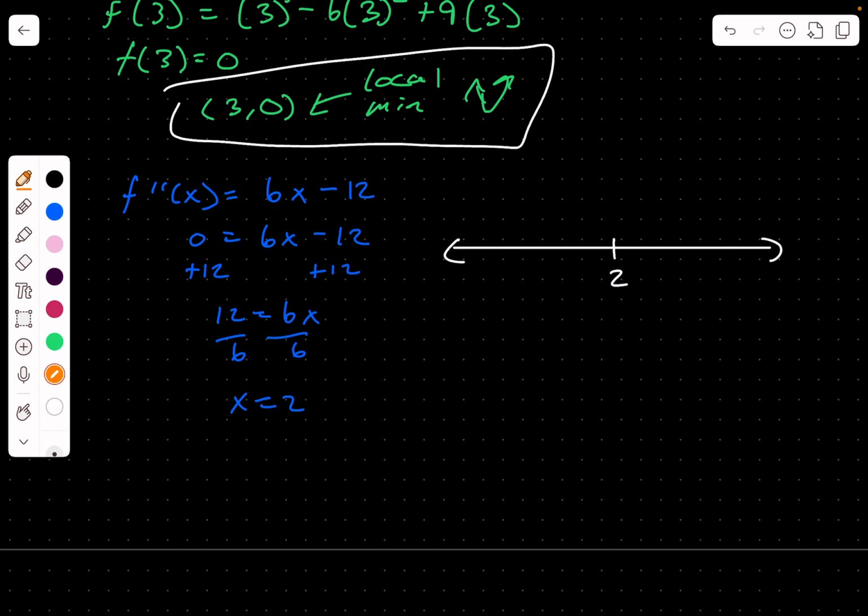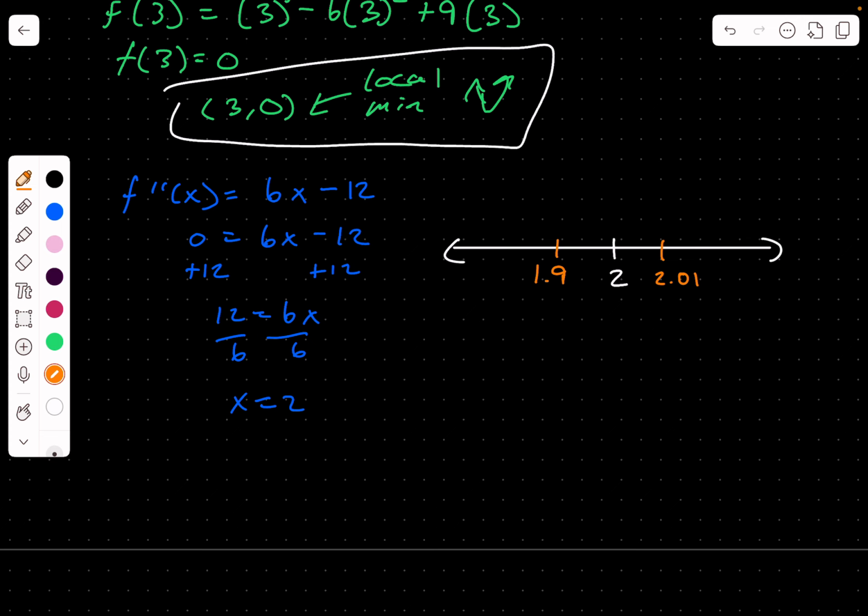Now let's just jump into it so you can see exactly what I'm talking about. I'm going to choose from the left side, as close as possible. Therefore, I'm going to choose 1.9 to plug in. And then the right side, I'm going to choose 2.01 because I just want to get as close as possible.